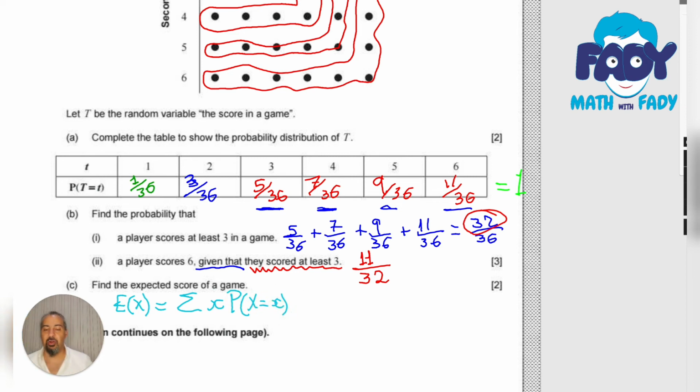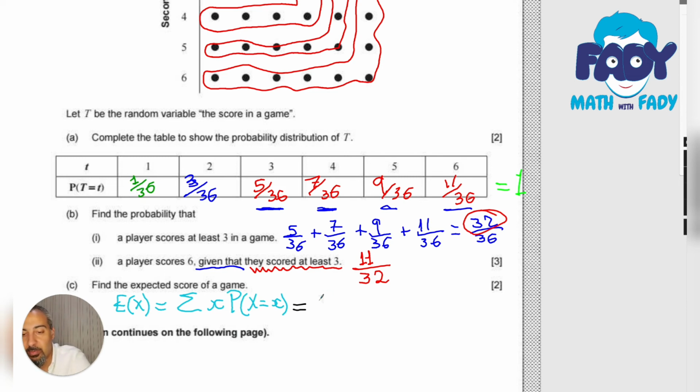This formula means we add the products of x times the probability. The x values are the results here: 1, 2, 3, 4, 5, 6.